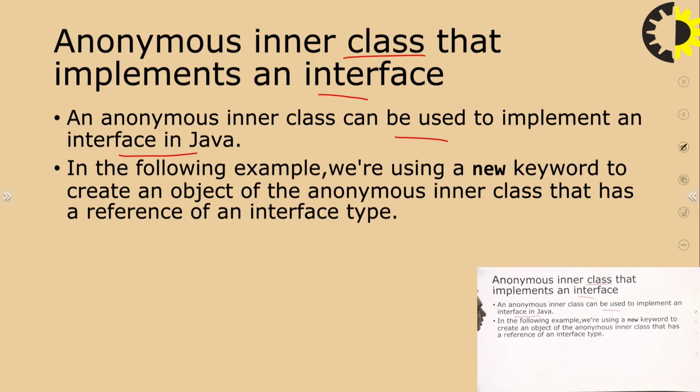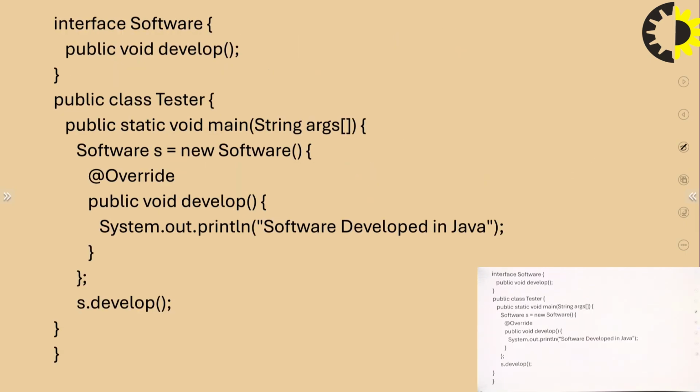Now we are going to discuss the following example. In this case, we have the interface Software, and the name of the method in this interface is develop. It is an abstract method, so we need to provide the implementation of this abstract method develop. Then we have created one more class, Tester, for the main method, and we have created an object for this Software. This object is basically an interface reference variable.